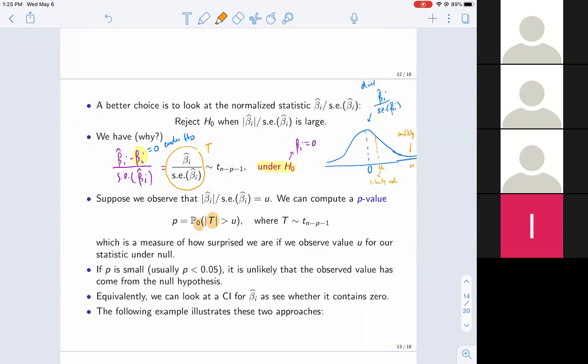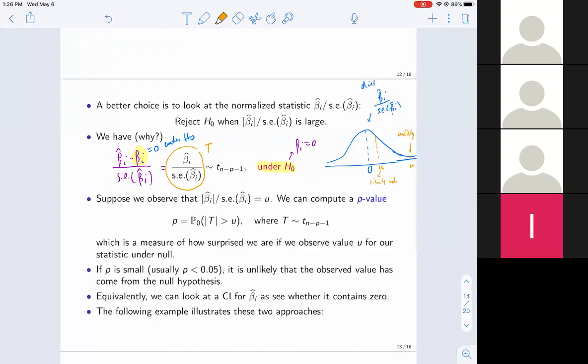What is the chance that the absolute value of T is bigger than U, where U is the realized value of the T statistic? That gives us a number, which is more or less called the p-value. There is a better definition of the p-value, but it's the realization of the p-value in this problem.